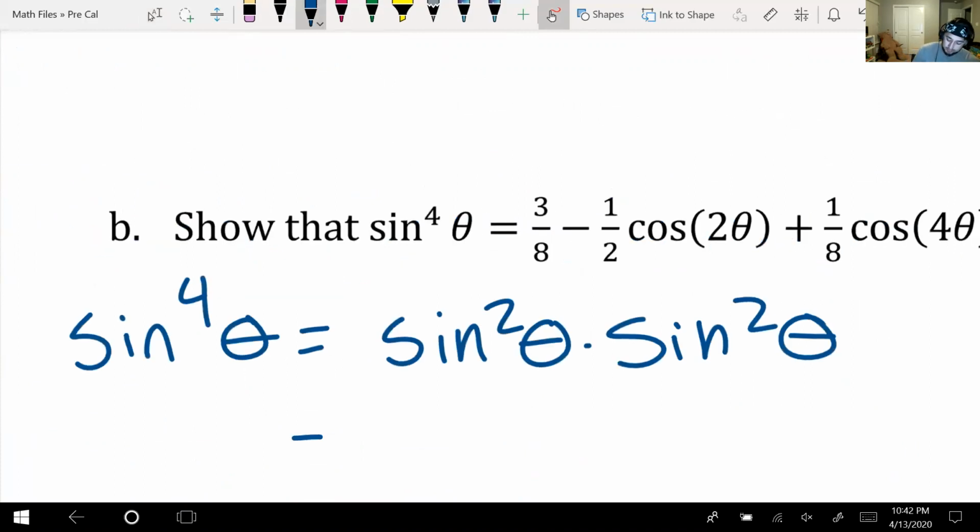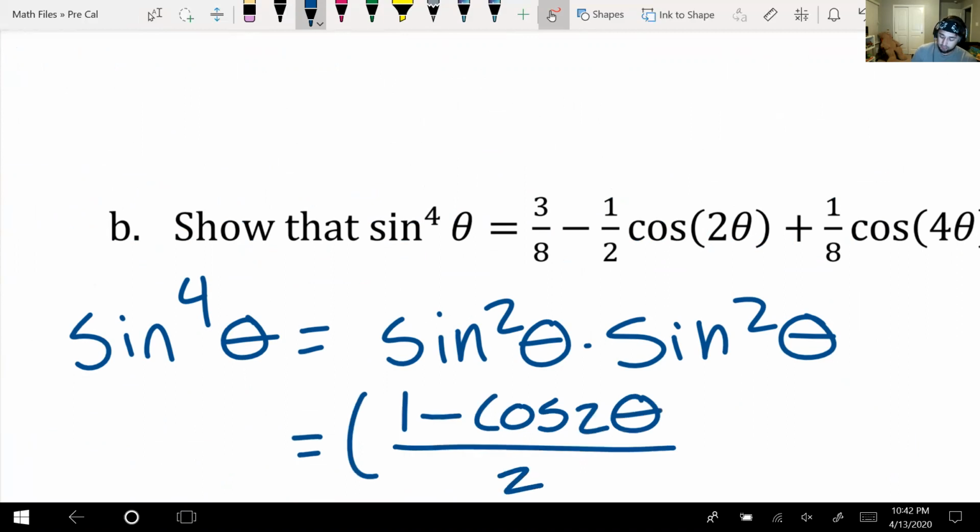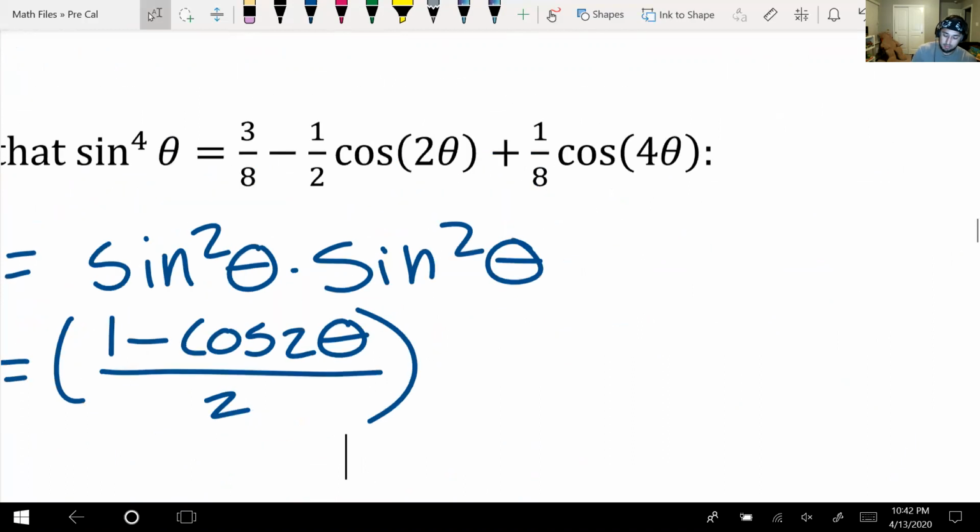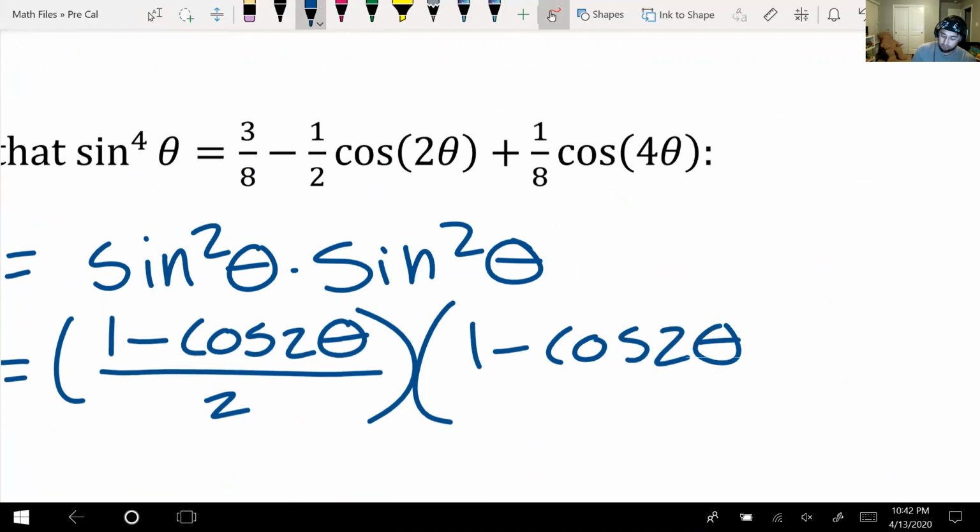So this becomes 1 minus cosine 2 theta over 2 times the same, 1 minus cosine 2 theta over 2.